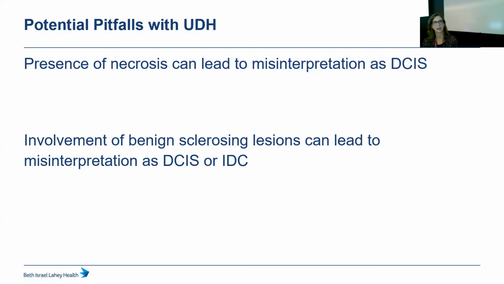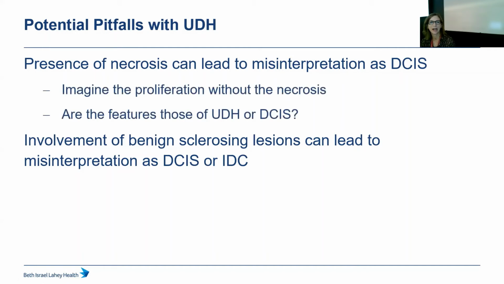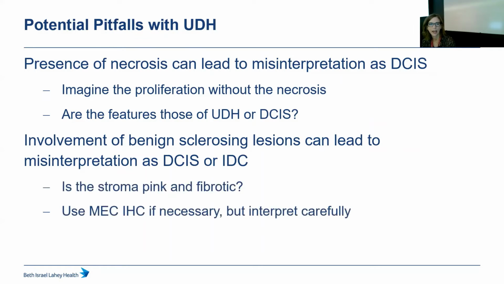Sorry, the slide is misformed here. The presence of necrosis can lead to misinterpretation as DCIS. And I think what you need to do in that situation is imagine the proliferation without the necrosis. So mentally subtract the necrosis from the proliferation and then decide, are the features those of usual ductal hyperplasia or DCIS?